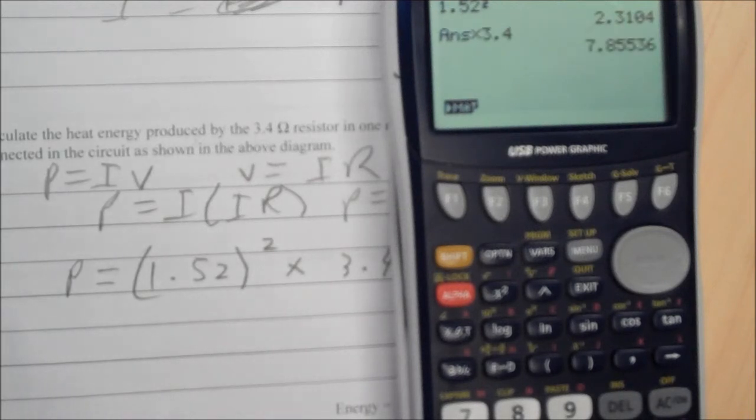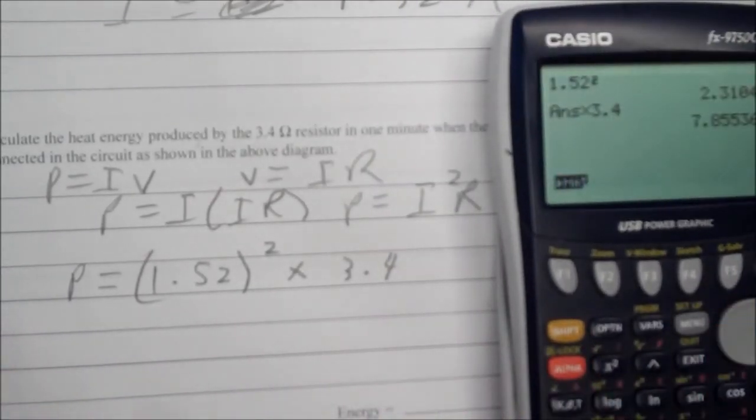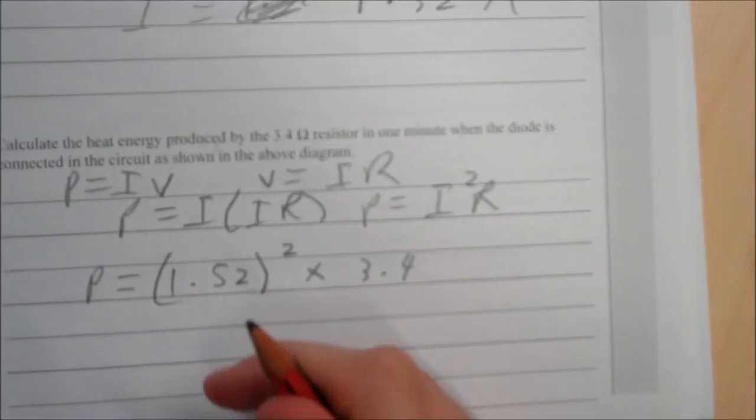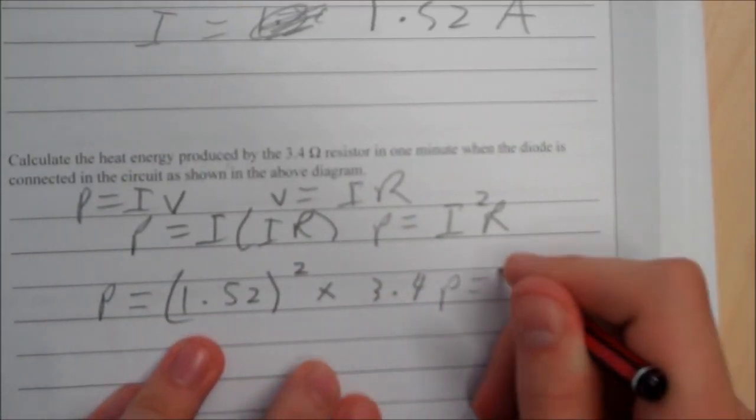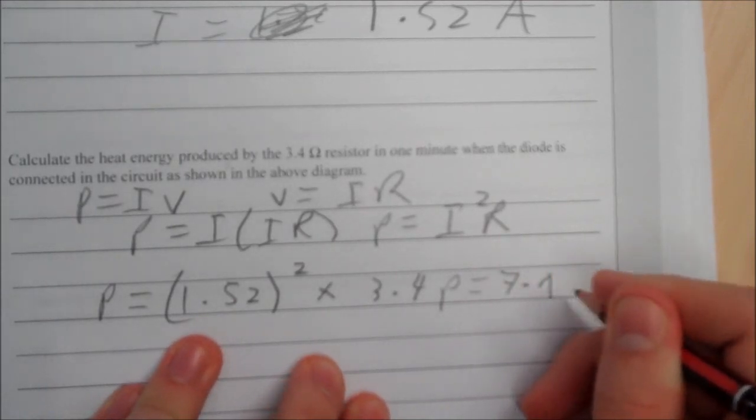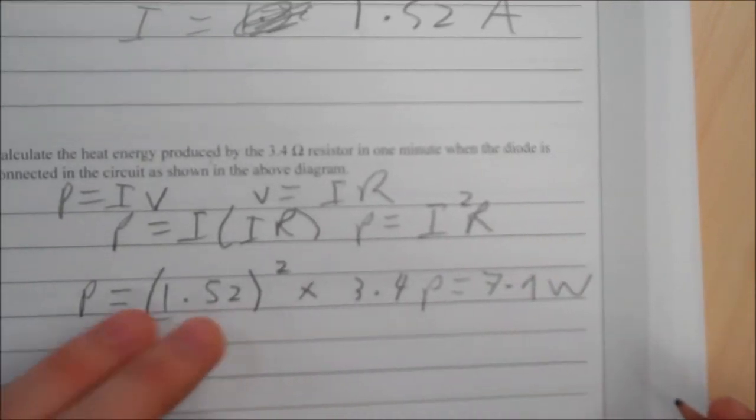That gives us 7.9 if we round it correctly. So we've got power is equal to 7.9 watts.